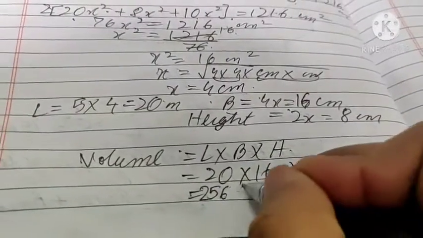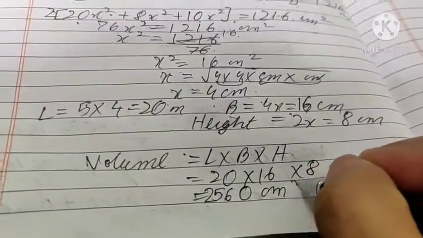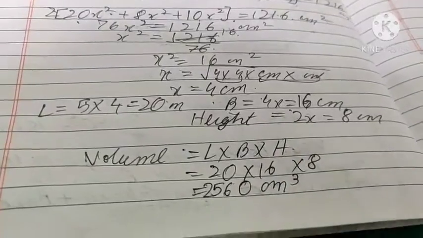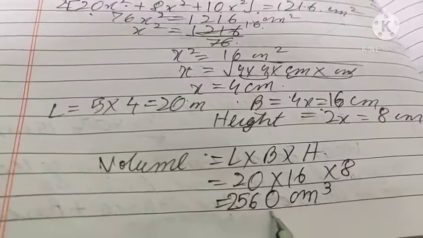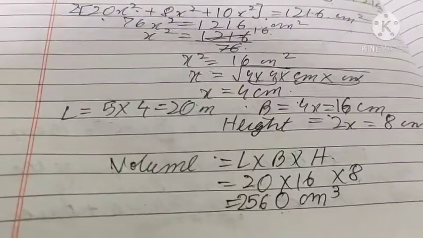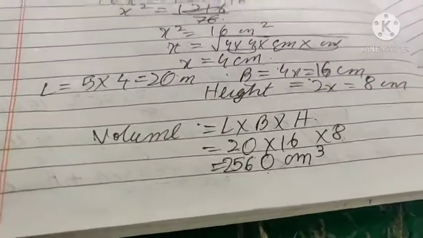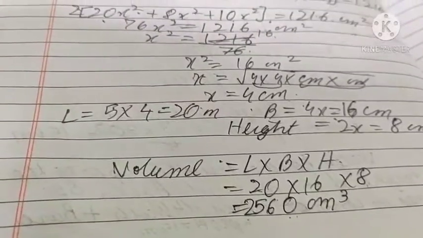These all were in centimeters. So 2 into 16 is 32, 32 into 8 is 256, and a 0. So 2560 centimeter cube. This is our answer.